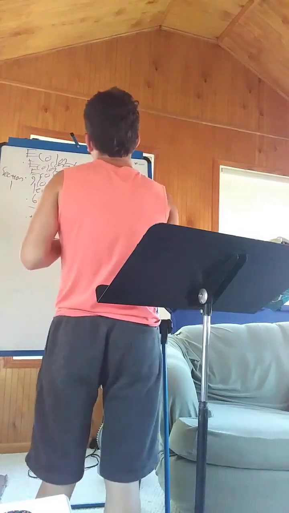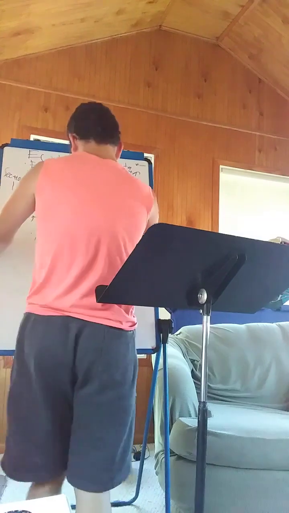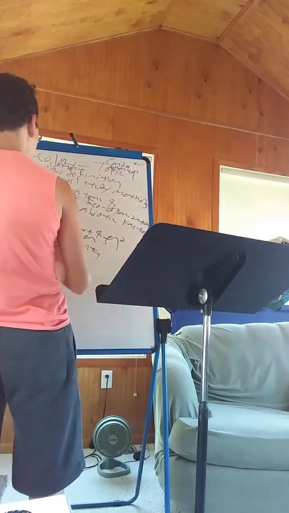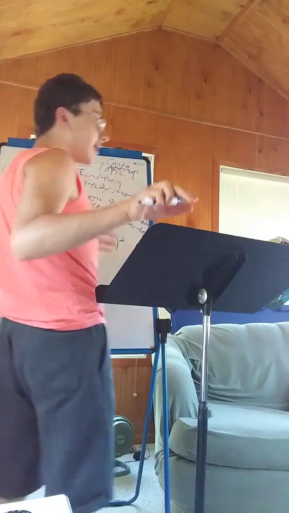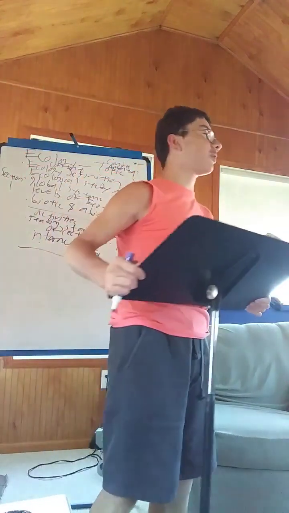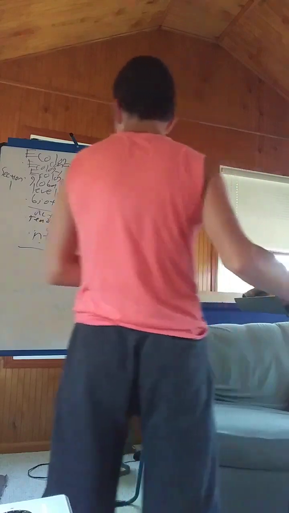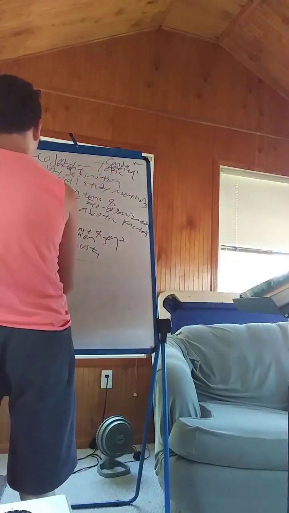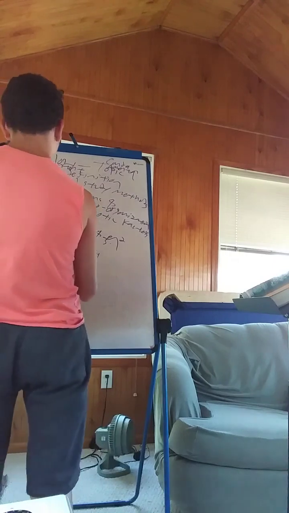But I'm going to be writing it on, actually, here. So here I'm going to be making a little additional thing. I'm just going to call it an essential question.